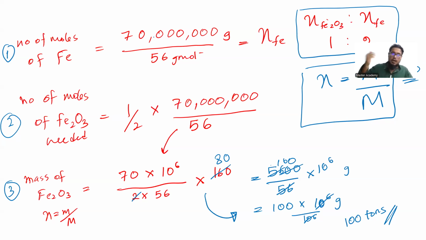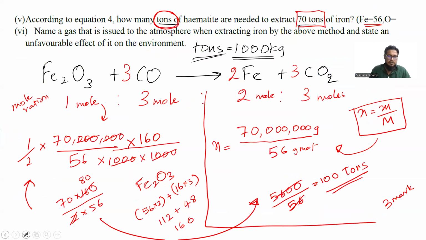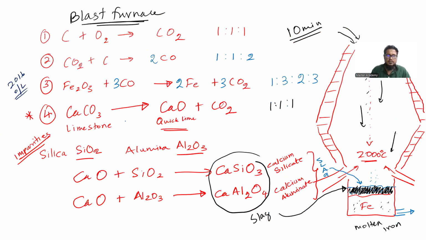But carbon dioxide is excessively produced. From calcium carbonate breakdown, carbon dioxide is produced. Coke reacting with oxygen also produces carbon dioxide. Fe2O3 breaking down to Fe also produces carbon dioxide. So in three situations, carbon dioxide is produced. Look at this. An excessive amount of carbon dioxide is released.